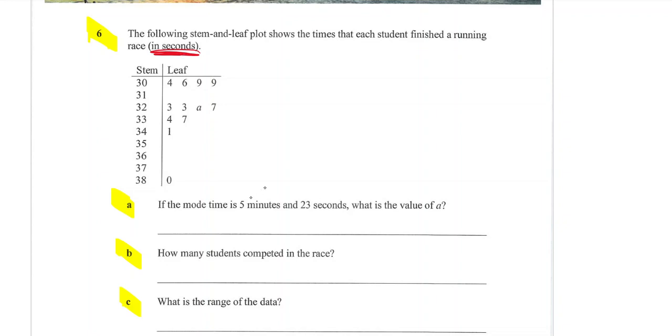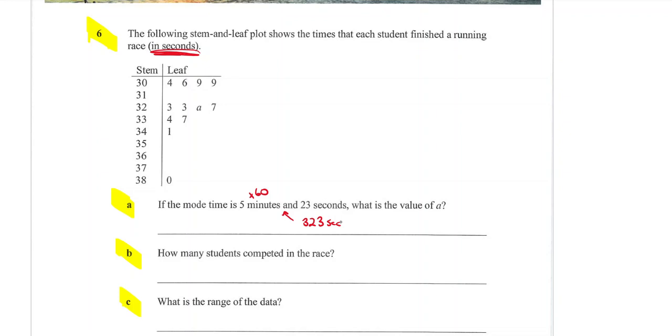So the 5 minutes, you times that by 60, so that's 300. And then you add on the 23, so this is a total of 323 seconds. Now, when you're reading off this stem and leaf, this would be 323 right there, or 304, 306, 309. That's how you read off those numbers out of that stem and leaf.